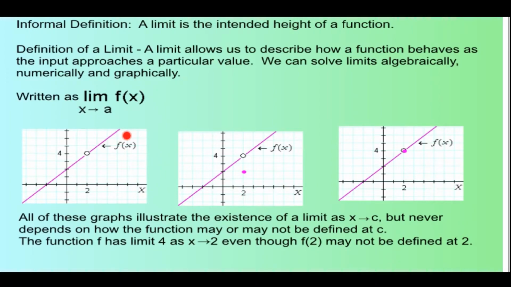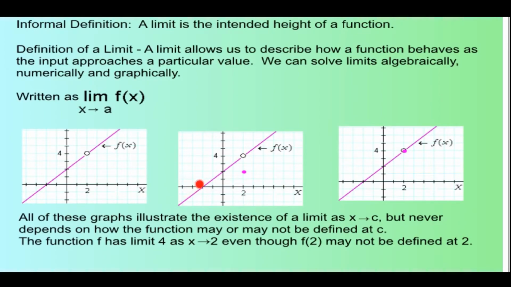But if you look at each of these graphs, guys, the intended height is trying to get to 4. As x approaches 2 from the left side and from the right side, they're all trying to meet at the same location, the y value of 4.